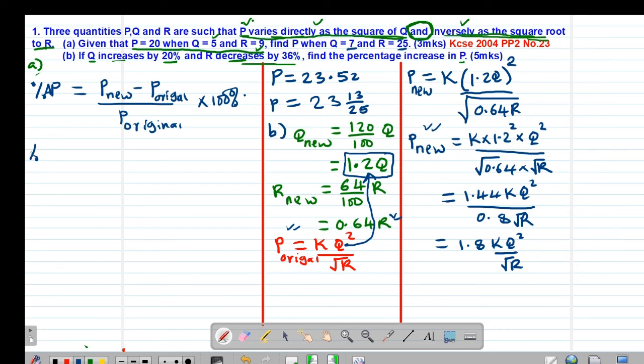So the percentage change in P will be given by the change in P over the original. The new value of P, we already have it here.